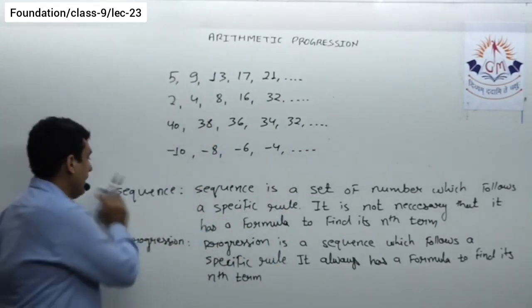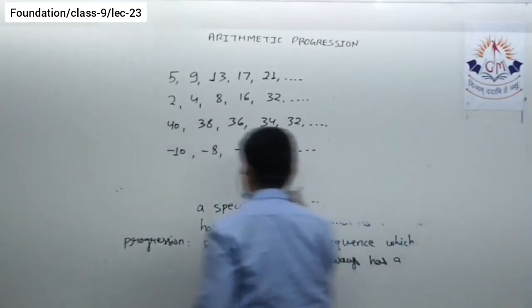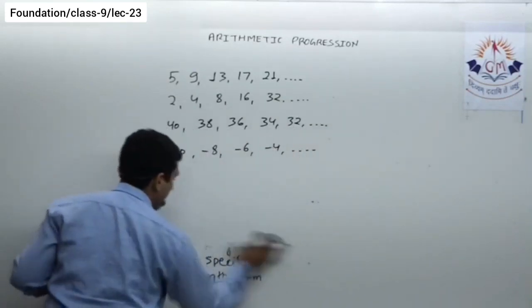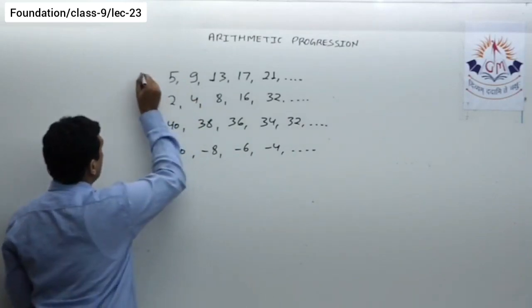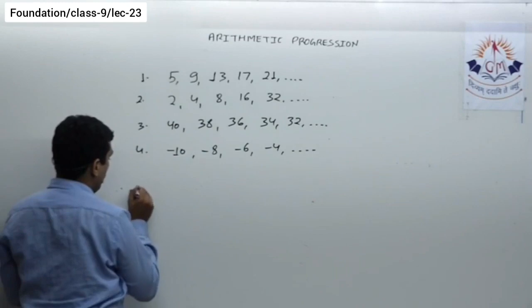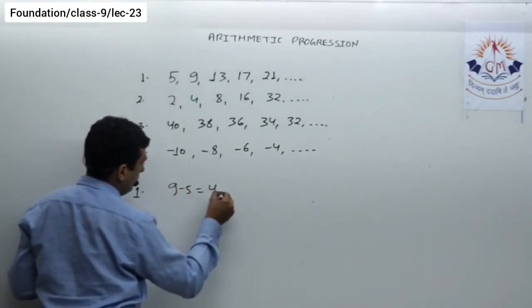See here, if I want to find the difference of two consecutive terms, I find it for the very first one, and I'm numbering these 1, 2, 3 and 4. First, 9 minus 5 is 4.